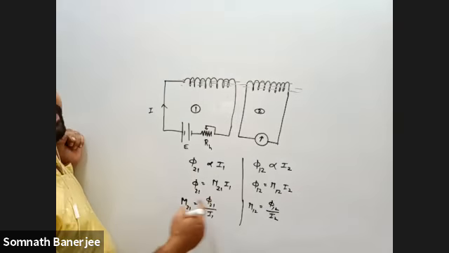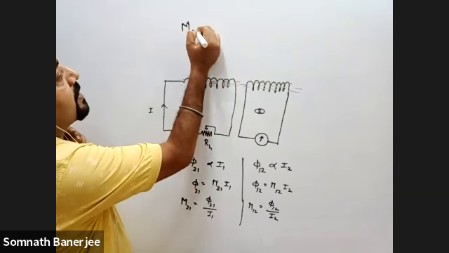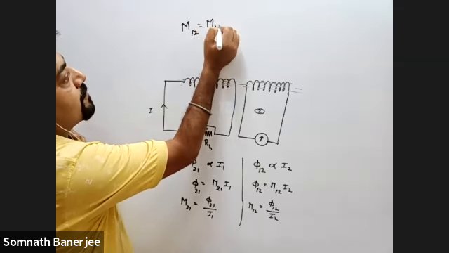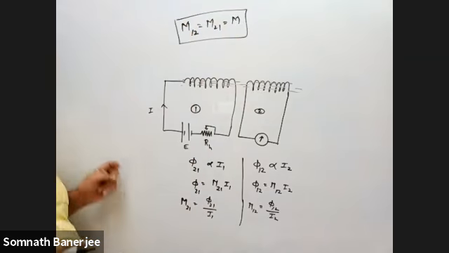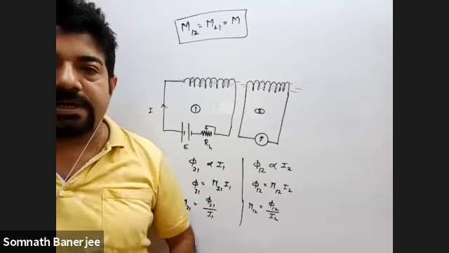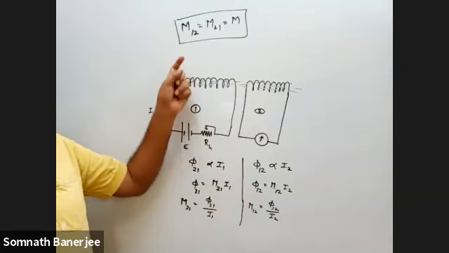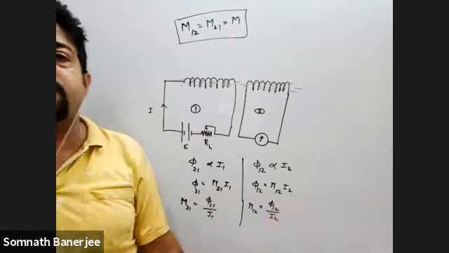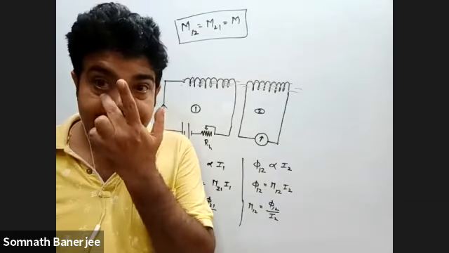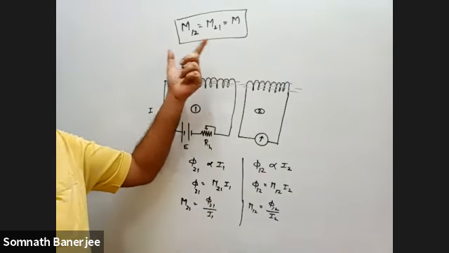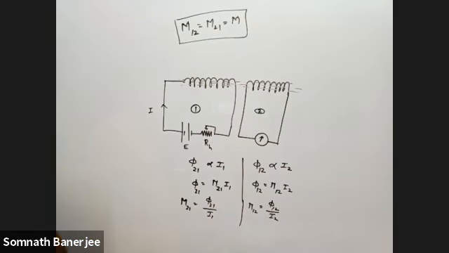And in both cases, M12 or M21, they are equal, so we can write it as M. Later on we will prove that mutual inductance at 2 due to 1 or at 1 due to 2, they both are dependent on each other. So M12 or M21 is equal to the mutual inductance M. That means they have some common factors, and because of that, it is called mutual induction.